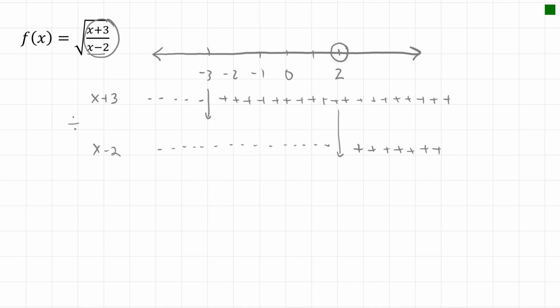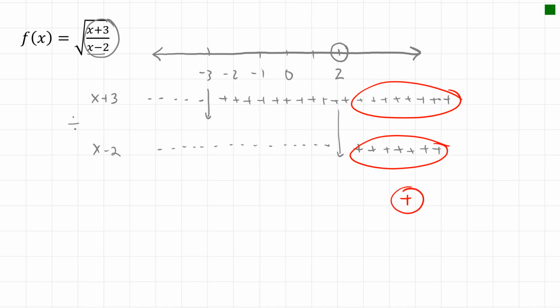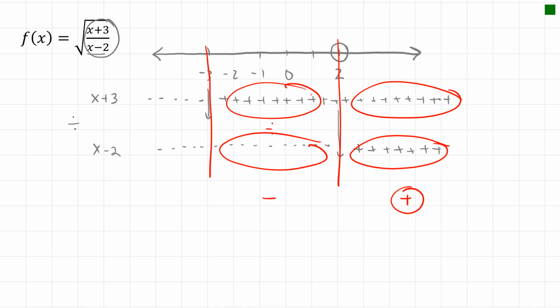So a positive divided by a positive is going to be a positive answer. So anywhere where x is bigger than 2, we're going to end up with positive. In this section right here, between the negative 3 and the 2, we're taking a positive and dividing it by a negative, which means we know the answer will be negative.